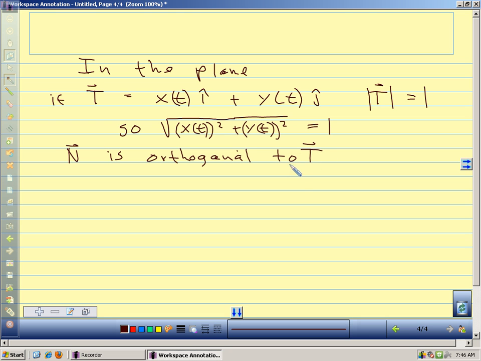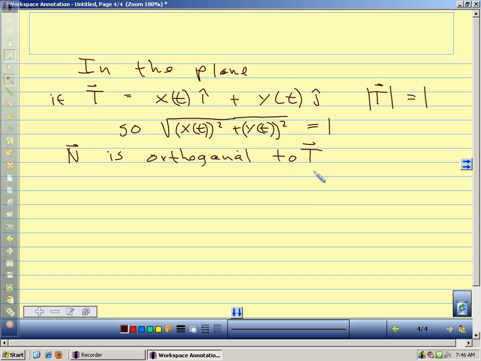to T. So if we think of the slope of the line in the direction of the vectors, if they're orthogonal in the plane, what relationship do the slopes have to have? How are slopes of perpendicular lines related? Negative reciprocal.